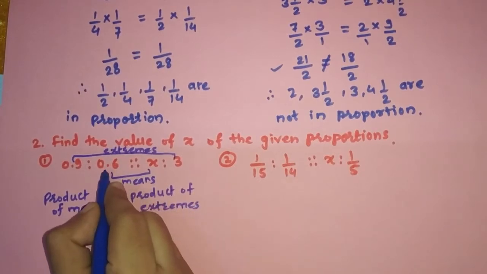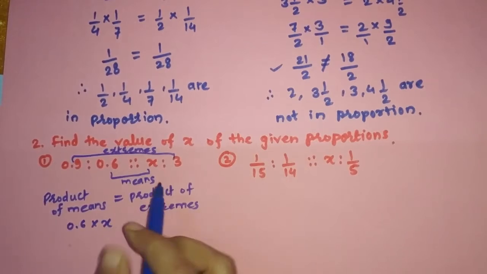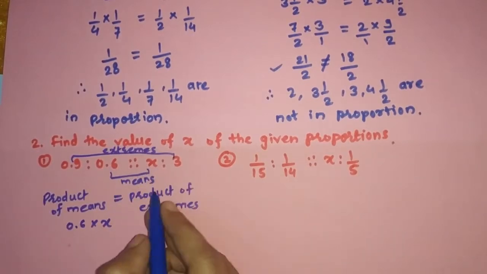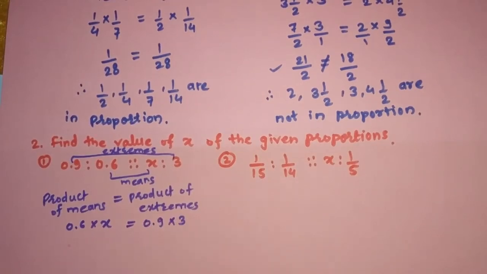So we'll take their product here, 0.6 multiplied by x. These two are means, and the product of extremes is 0.9 into 3. So in order to find this variable x value, we'll send 0.6 to the right hand side. 0.9 multiplied by 3 divided by 0.6.